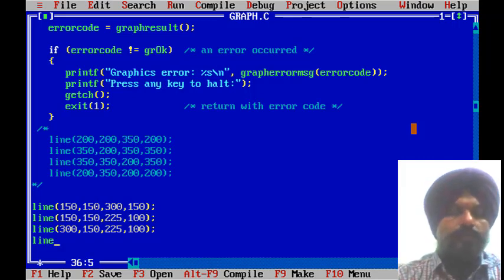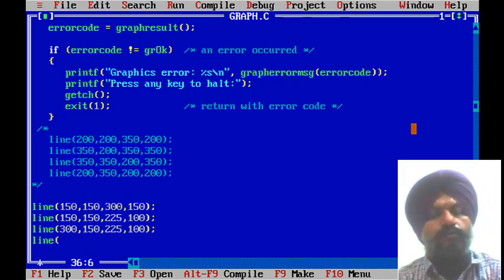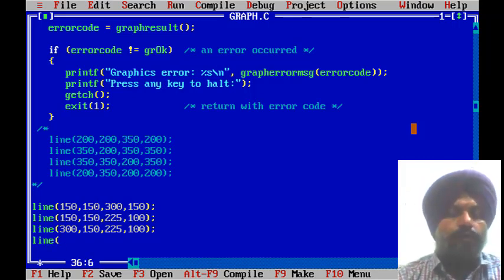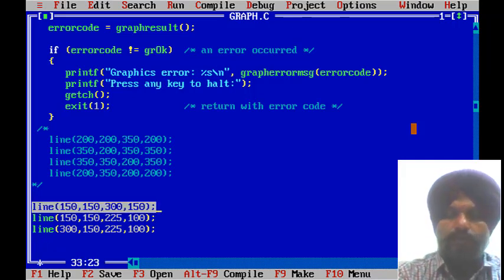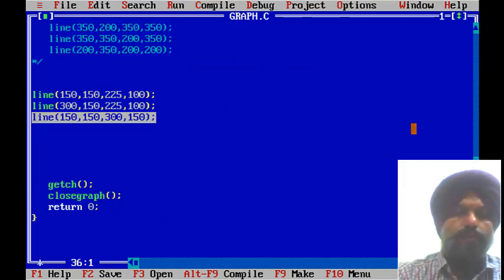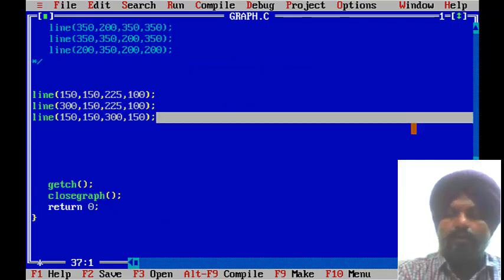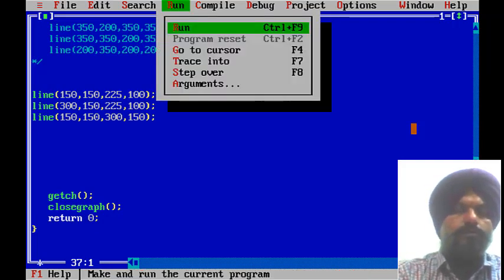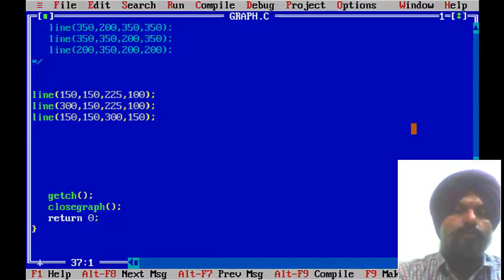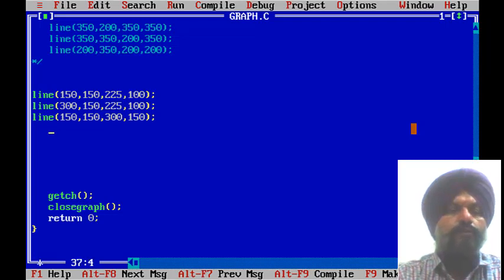As we have discussed earlier, first we have to draw the left hand side. Left hand side means the ending point of the first line. For your convenience, I am taking it like this. There is no difference. If we change the order of this, it will draw the shapes as well, because the coordinates are the same. So this is the first line of our square.